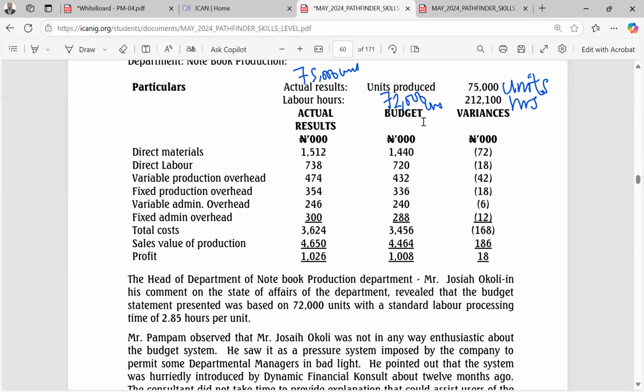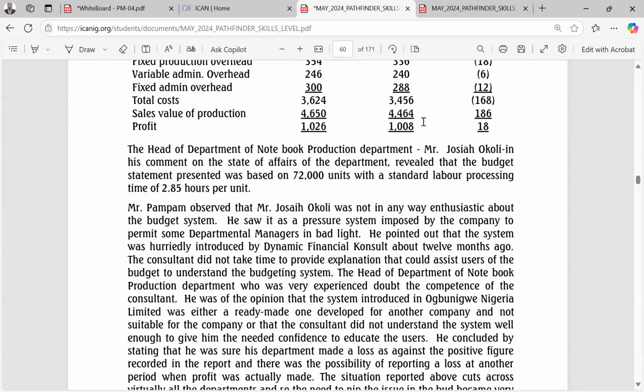So that we'll be comparing 75,000 units budget with 75,000 units actual. And we will not use this variance anymore, because this variance was comparing 72,000 units with 75. We'll be bringing a variance that has 75,000 units budget with 75,000 actuals, compare and get a variance.